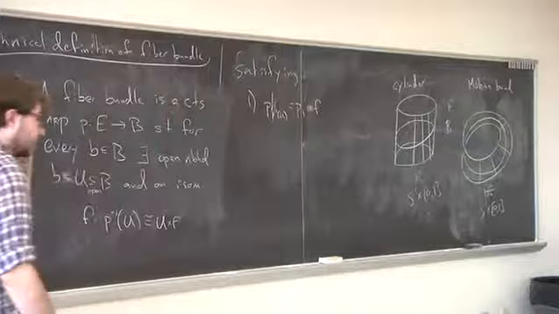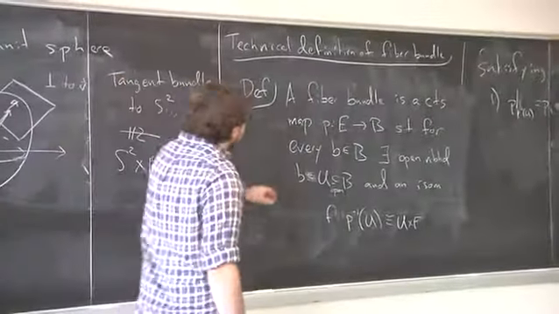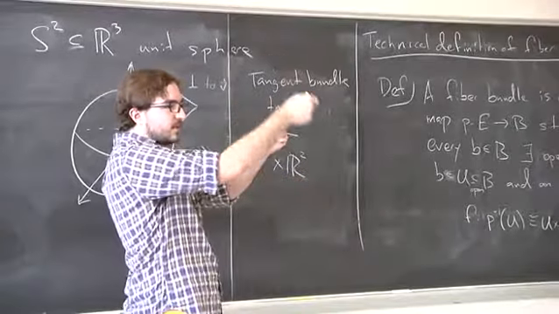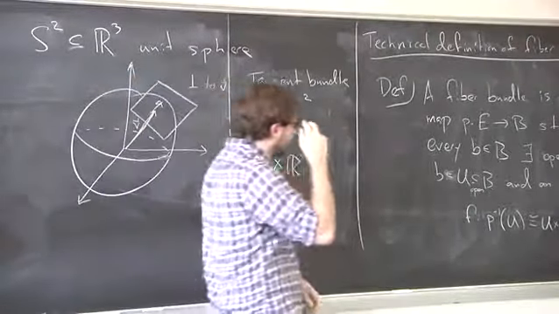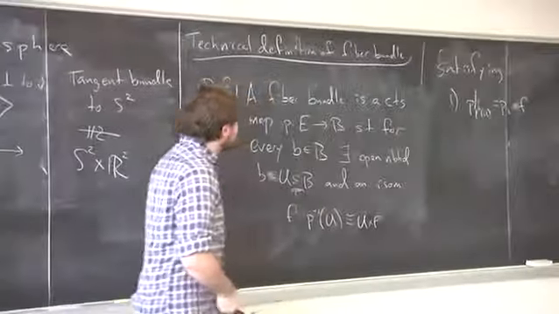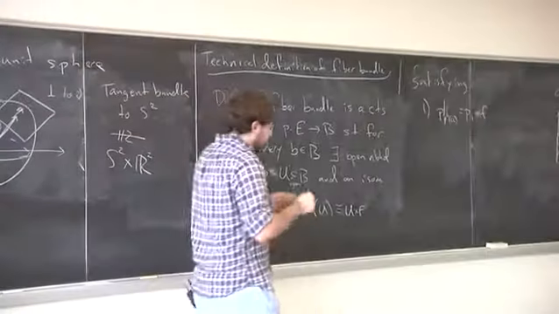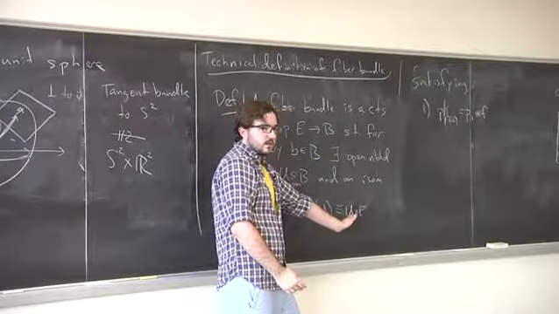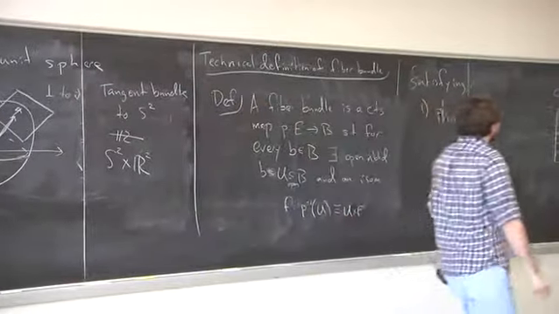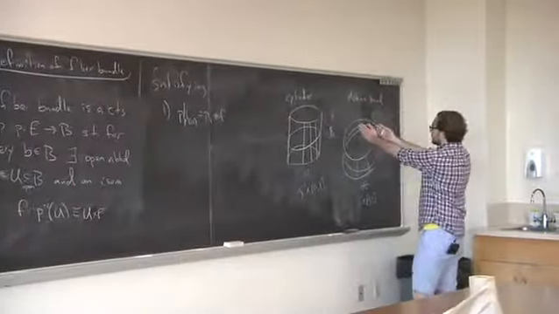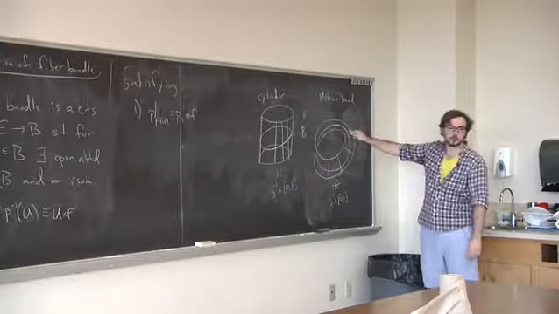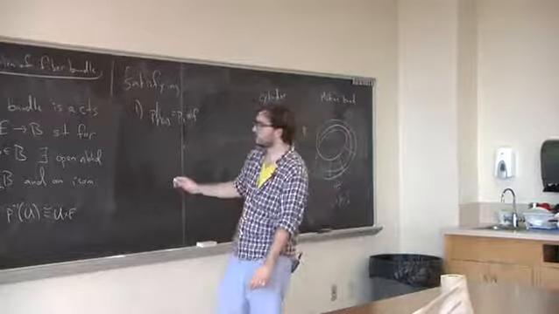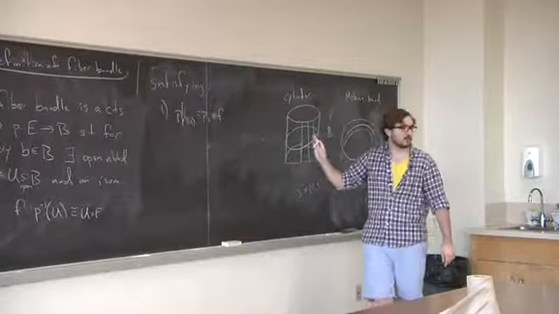Explicitly, this P is telling me what point in my base any point lies above. This is telling me that I don't change what point in U anything lies above. So when I write down such an isomorphism here, it'll take this pink line to the right place. Everybody okay with that bit of it?